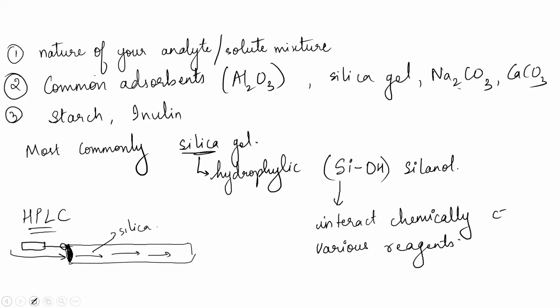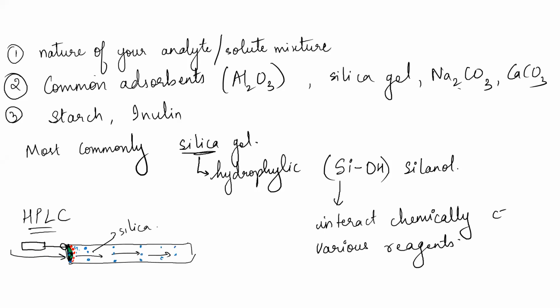Now your sample is going to be a mixture of a lot of different things. When you insert your mobile phase, the same principle applies. Some of them will have affinity towards the mobile phase, some will stay on the stationary phase. Suppose the blue dots have more affinity towards your mobile phase, they will move faster.